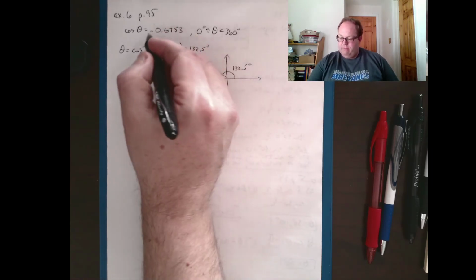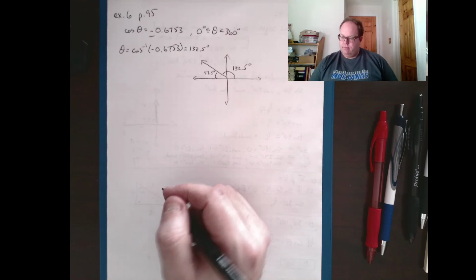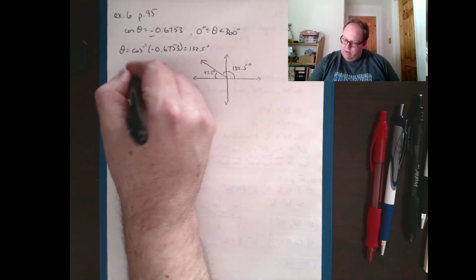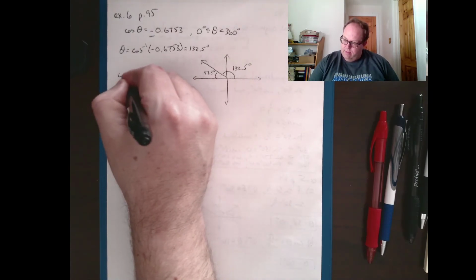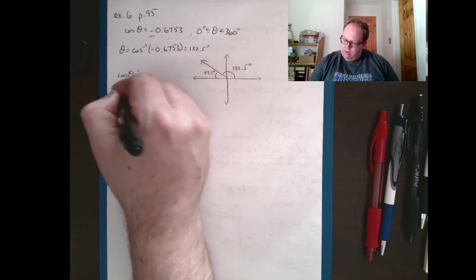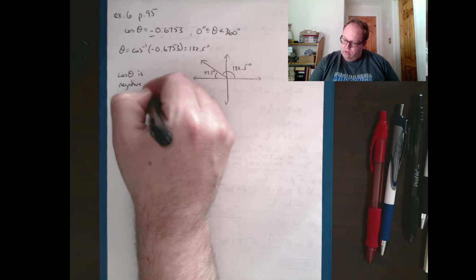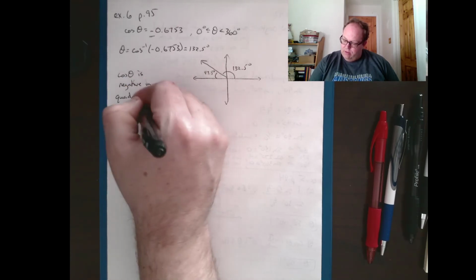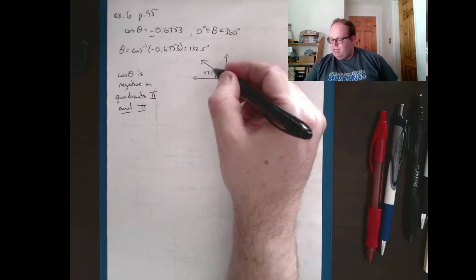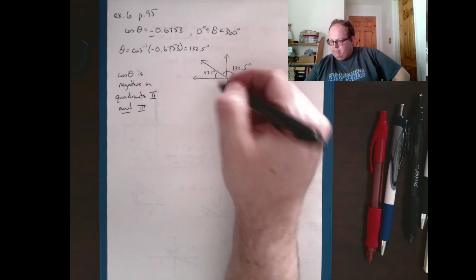Now, my cosine value is negative. And we say cos theta is negative in quadrants 2 and 3. So that means I've got to think about the same angle down here.